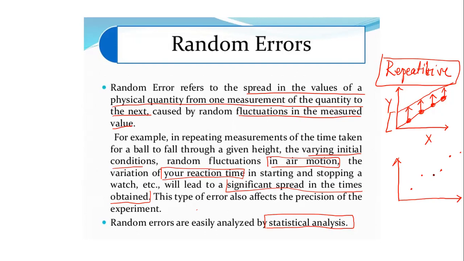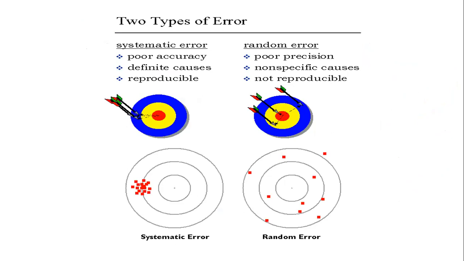Now I will just show you a comparison between what is systematic error and what is random error. Here you can see systematic error. We will see more about accuracy and precision in some other video, but let me just tell you. Suppose this red dot here is your actual or desired value, but your observed values are far away from this.